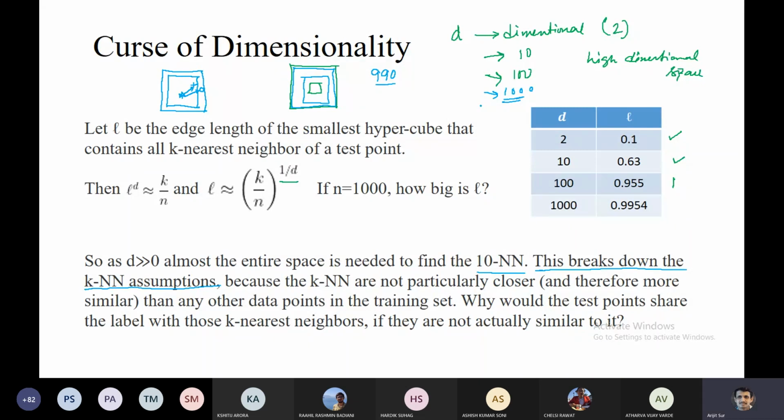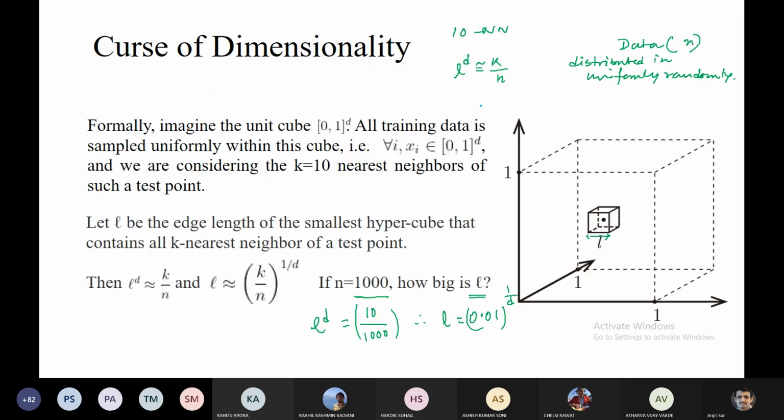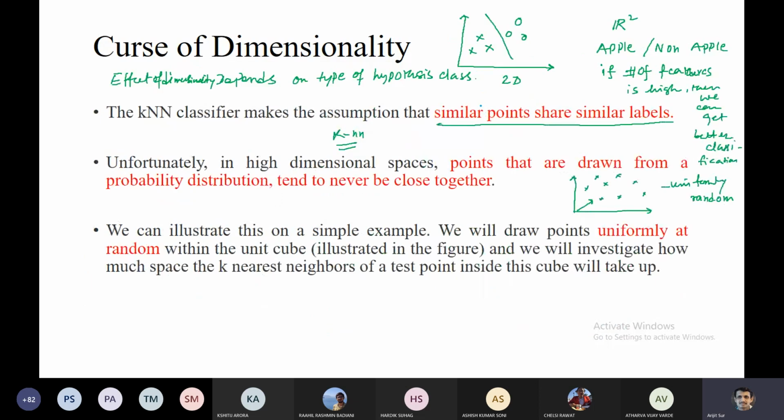Learning means what? What is the assumption here? The assumption is that similar points share similar labels. So what is the learning? Learning is basically that we took this kind of points, so you know the data points and labels are there. Now if something is coming here, you can say learning is this.